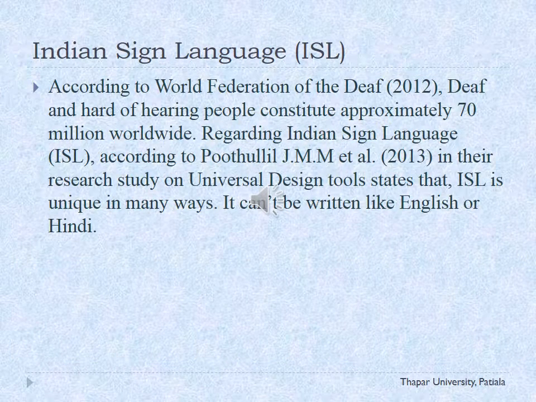Indian Sign Language (ISL): according to the World Federation of the Deaf, deaf and hard of hearing people constitute approximately 70 million worldwide. Regarding ISL, according to Fidelity, in their research on universal design tools, ISL is unique in many ways. It cannot be written in English or Hindi.